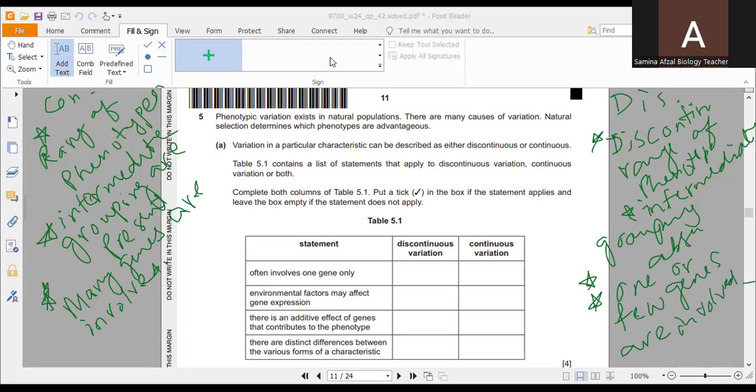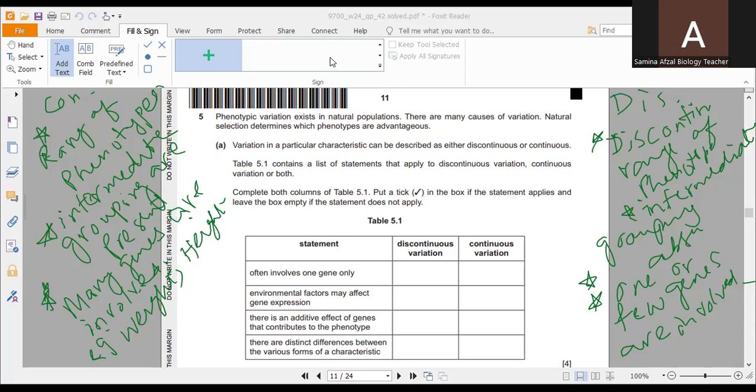Examples of continuous variation are weight and height, because the weight, height and length of organisms change in every generation, and within the same generation there are variations among different children or organisms.